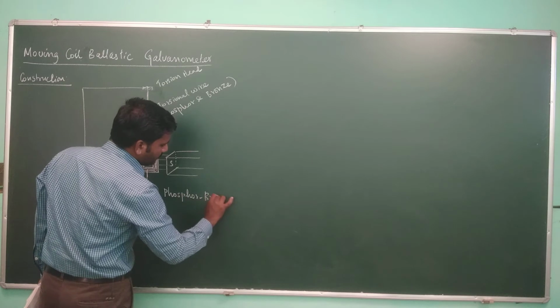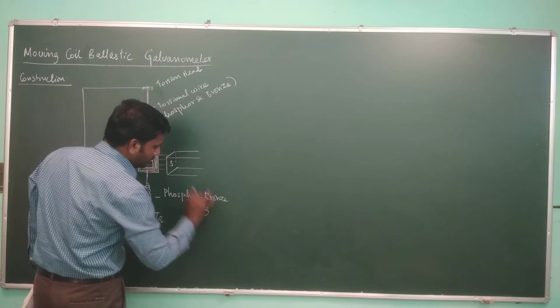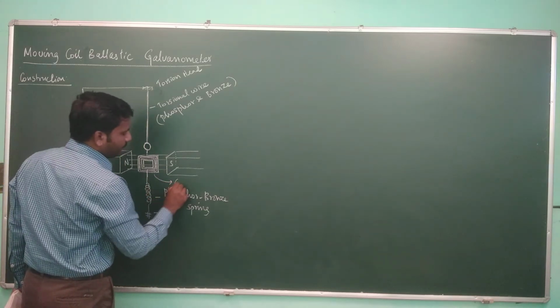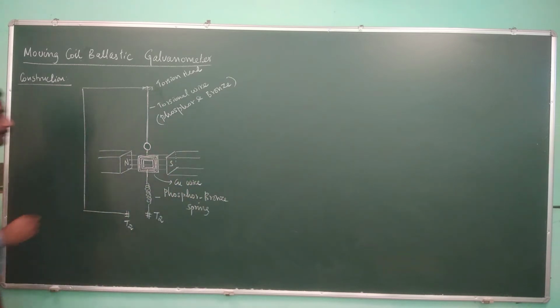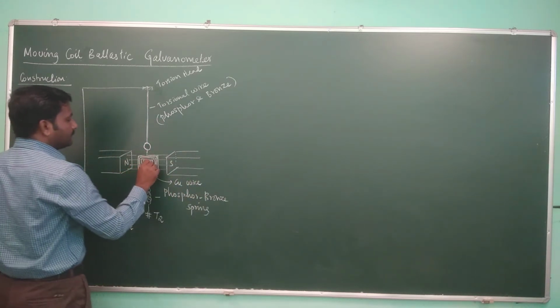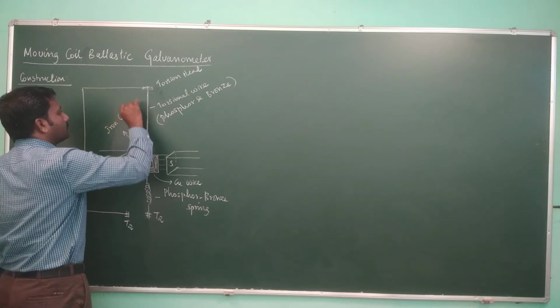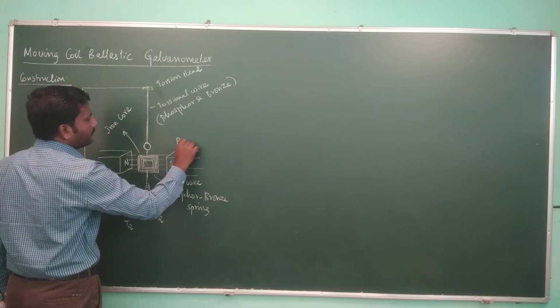This is again a phosphor bronze spring, and the coil is made up of copper wire, and in the center an iron core is there. These two are the N and S poles of a permanent magnet, which creates the permanent magnetic field.